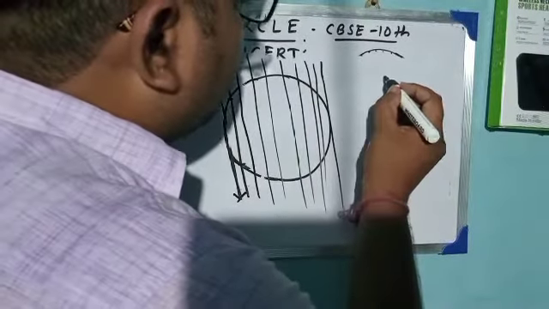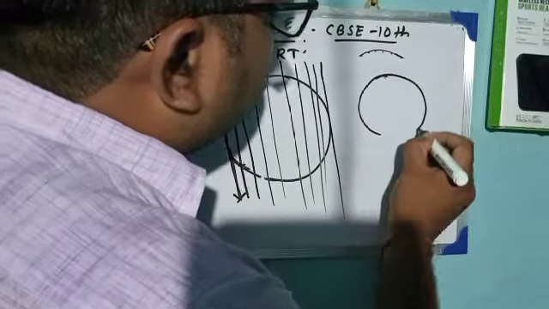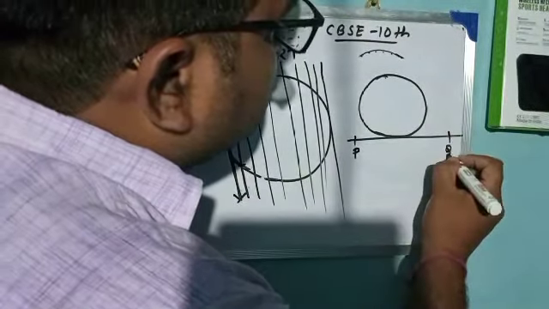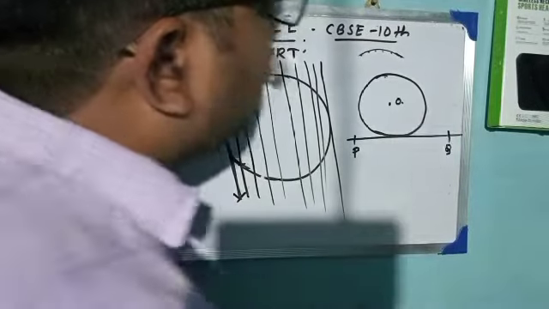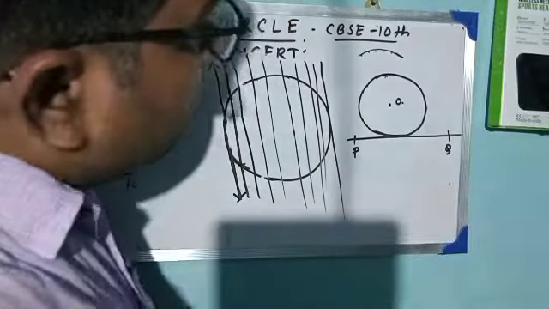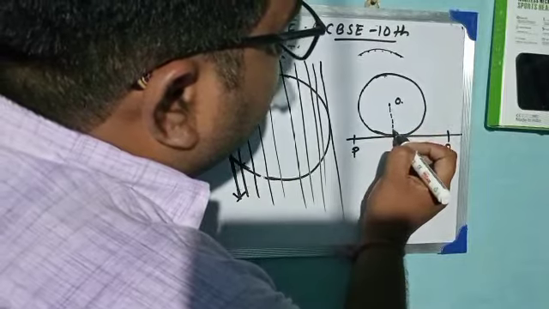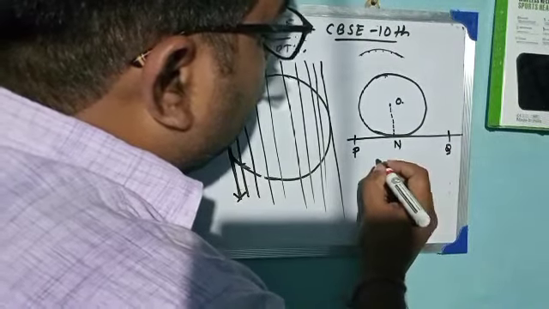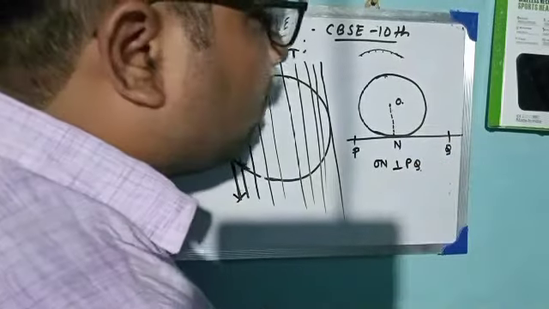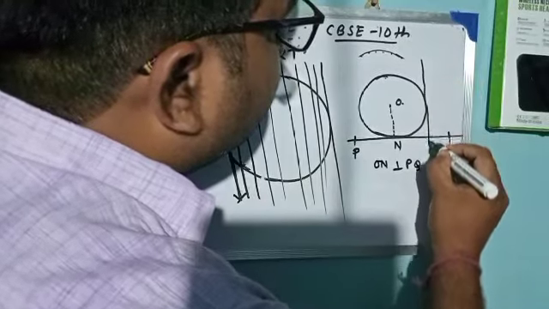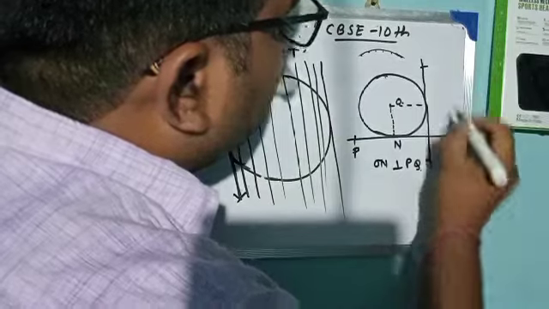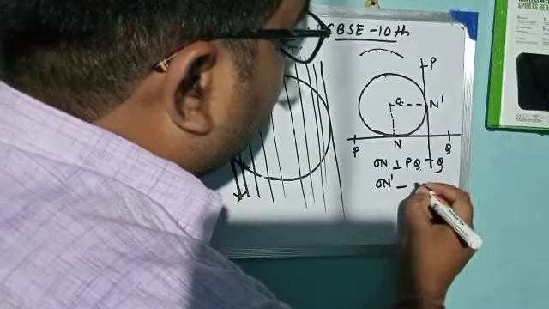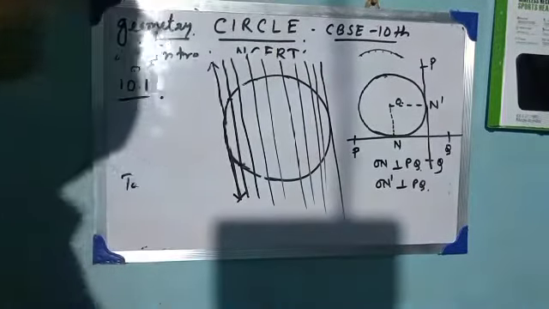In this theorem, suppose we have taken one circle, and if I draw a tangent, this is the tangent PQ, and this is the center of the circle O. If I draw a line over here which meets PQ at N, then obviously ON is perpendicular to PQ, and similarly at all the points. Understand? So this theorem is obvious.